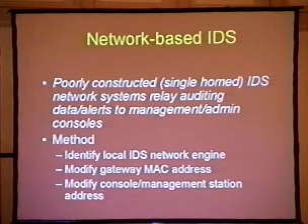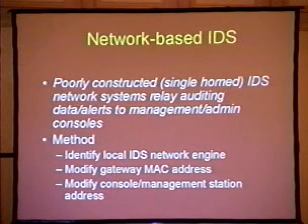Now, IDS systems have been a lot of fun as well, because most people don't set up their IDS systems quite correctly. The worst thing you can do to an IDS system is make it single-homed. Because any time the network engine, we're talking about network-based IDS systems here, has to talk to the console to report what's going on, it could be traversing the same hostile network as the attacker.